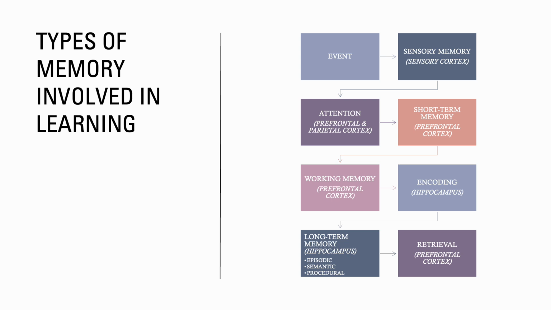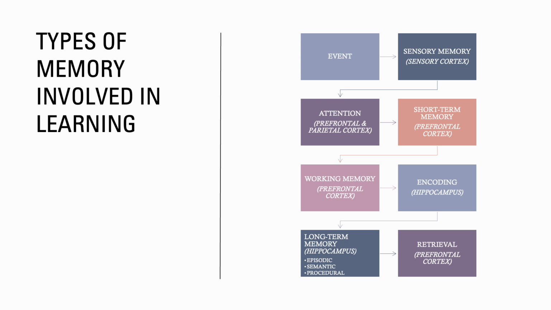Once it's there, it gets sorted into different types of memory. And as you can see on the slide, we have episodic memory, that's like our personal life events. Semantic memory, that's general and factual knowledge. And then procedural memory, your skills and habits, like riding a bike, or learning how to fly an airplane.